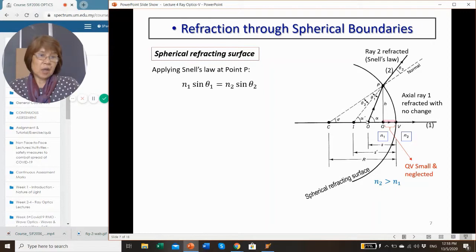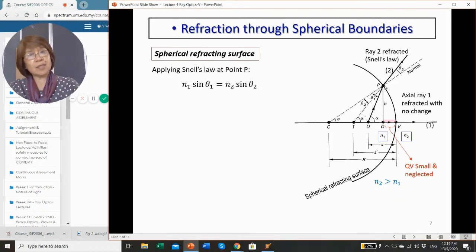Let's say we have an object on the optical axis at O, and this ray from the object goes along the optical axis and gets transmitted along the optical axis. So that's one ray. This point where the optical axis meets the refracting surface is what we call the vertex. And another ray will arrive at the refracting surface at point P.